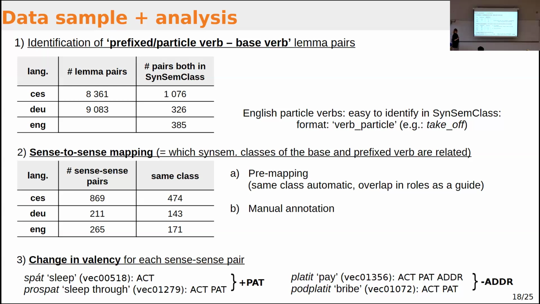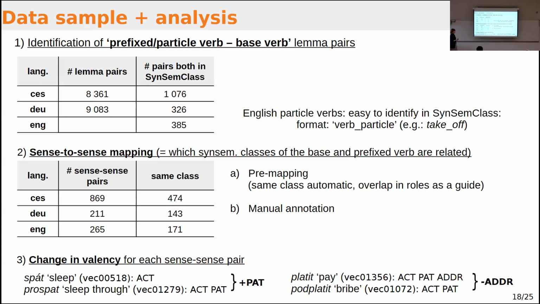And where that's not the case, we go through them manually and annotate them. And we use the overlap in semantic roles as some kind of guide that makes it easier. So the final sample includes over 800 sense pairs mapped for Czech, over 200 for German, and over 250 for English.